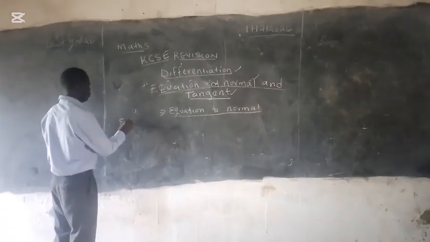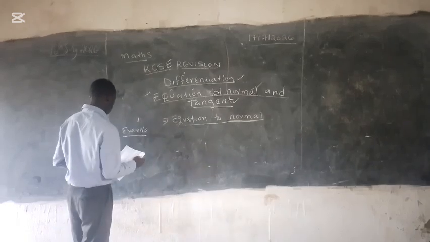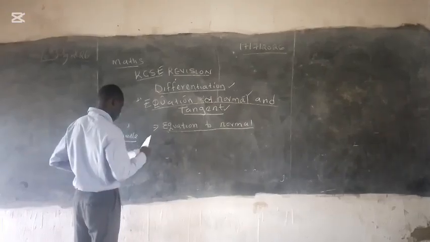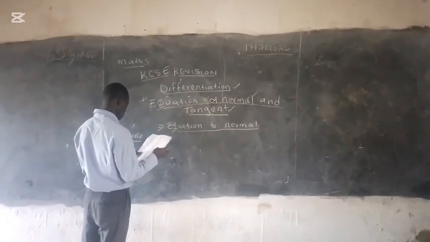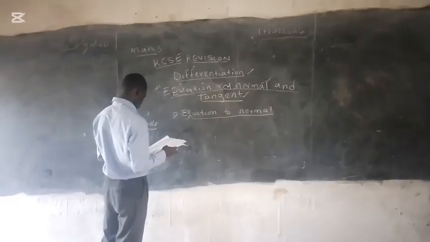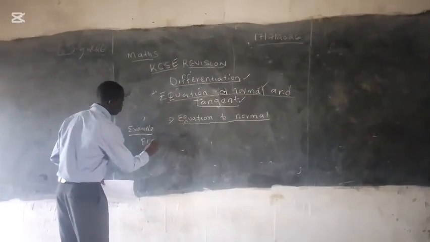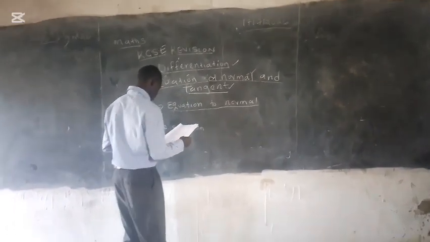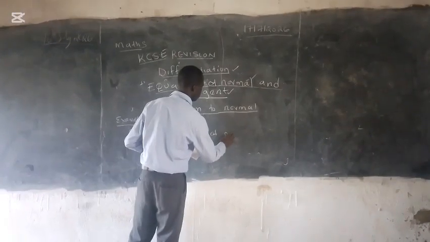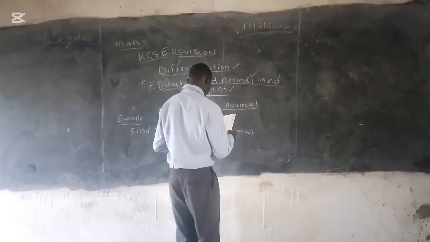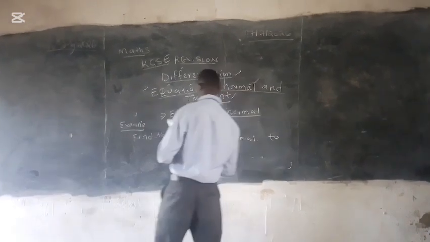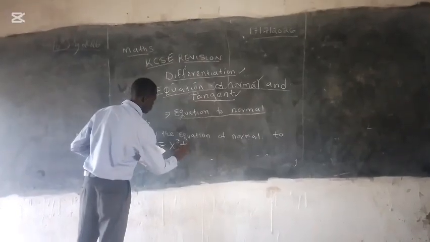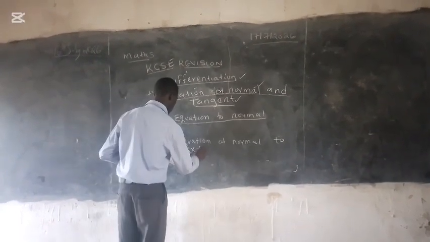So example number 1. Find the equation of normal to y is equal to x cubed plus 2x plus 1.